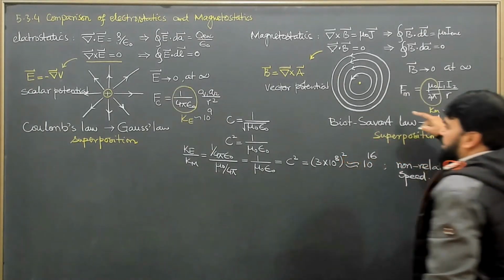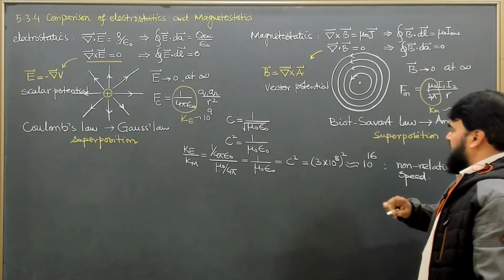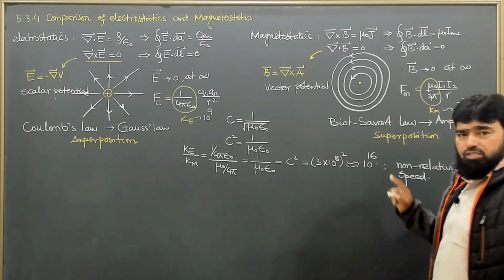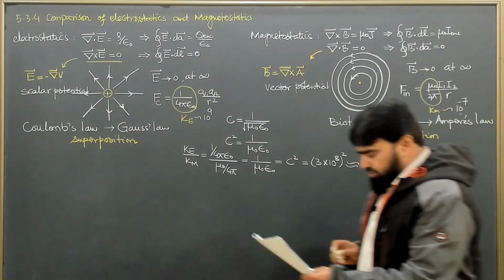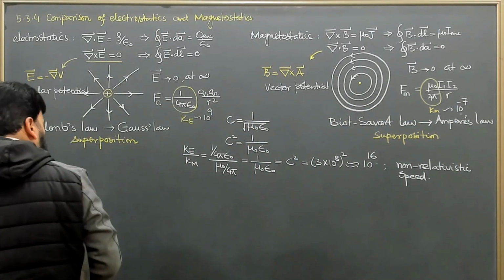But when I divide Ke over Km, then 10 to the power 9 plus 7 makes 10 to the power 16. So this is for the non-relativistic speeds.